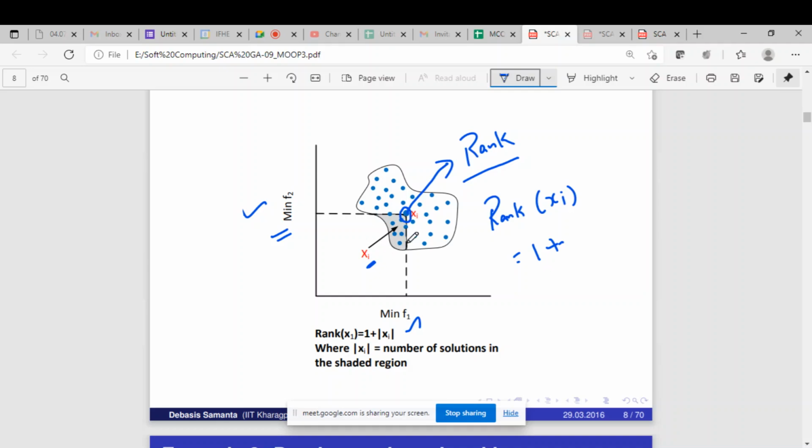All these individuals are dominating xi. So the rank of xi is 1 plus capital Xi, which represents the number of solutions in the shaded region, because these are the individuals who are dominating xi.